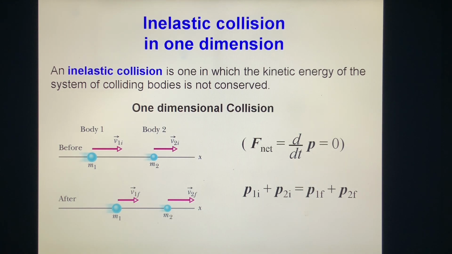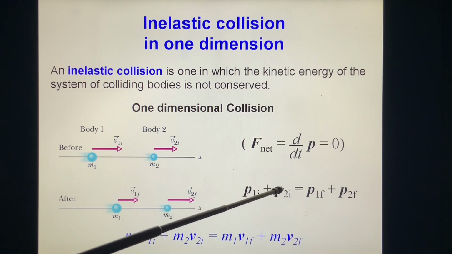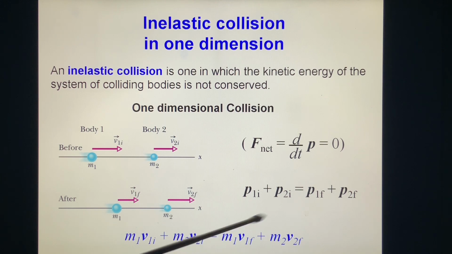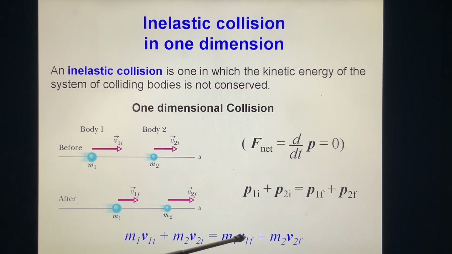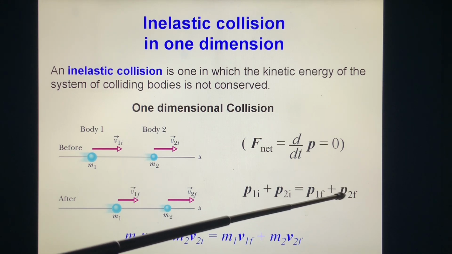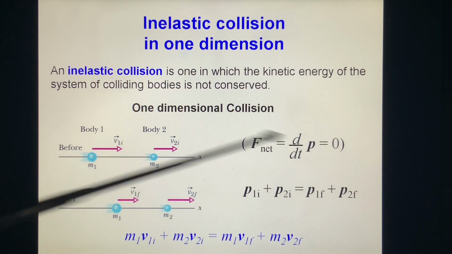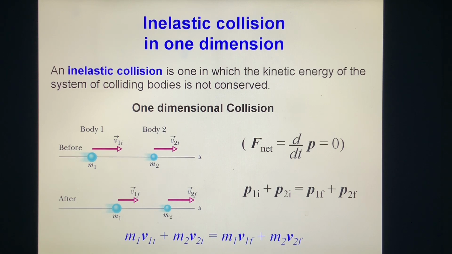This is the linear momentum that is always conserved, whether energy is conserved or not. We write this as M1 V1 initial plus M2 V2 initial equals M1 V1 final plus M2 V2 final. That's one equation.